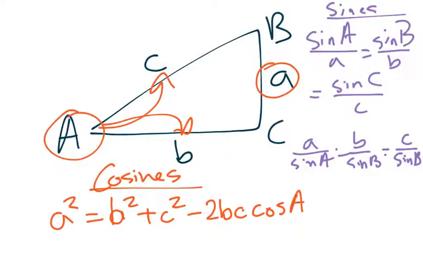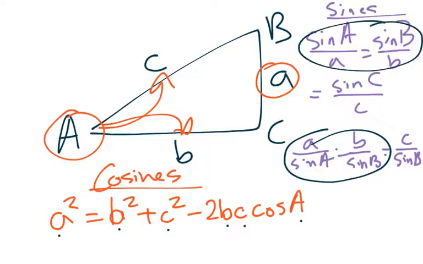In both of these cases, law of sines and cosines, you need to have 3 of the 4 pieces of information. Doesn't matter which ones you have, but you need to have 3 of them. Same with sine. We usually only use 2 of the equations at a time, but you need to have 3 of the 4 pieces, I should say.